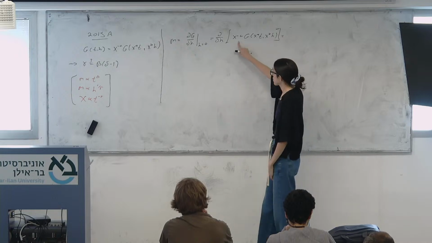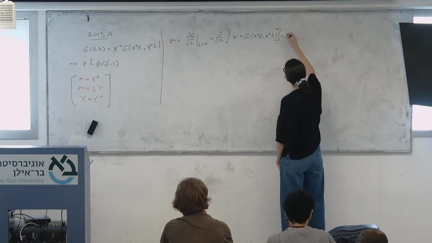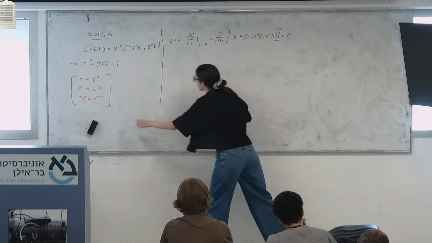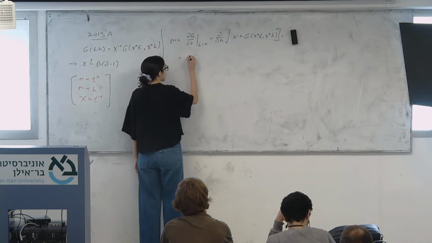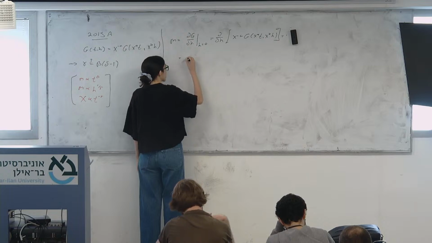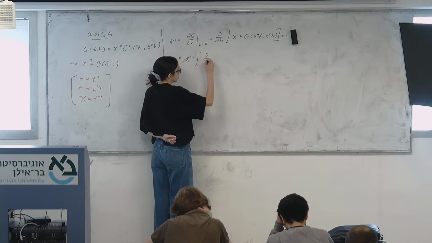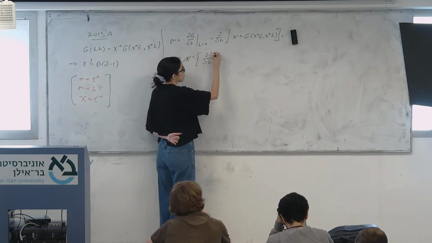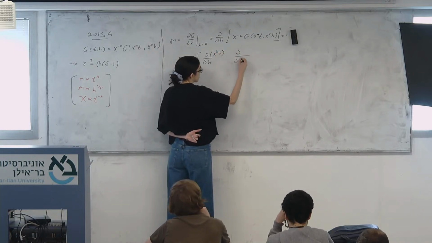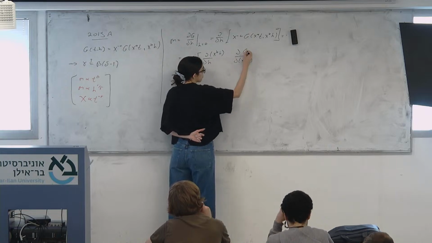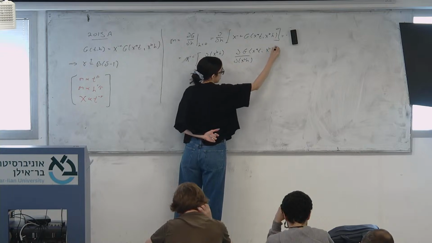So first let's take x to the minus c outside of the derivative because it does not depend on H. So we have x to the minus c, and then d over dH of x to the b H, and then dG over d of x to the b H, G of x to the a T, x to the b H.